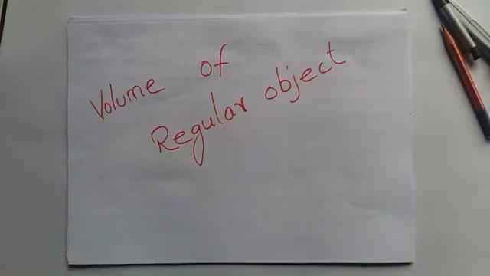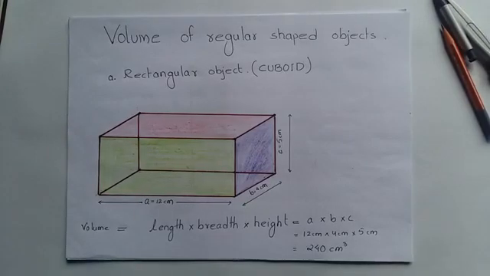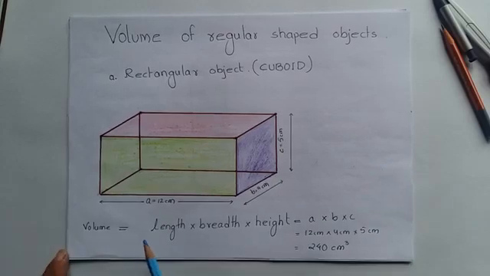Now we'll move on to the calculation of volume of regular object, or how we can find out the volume of regular object. Here in the picture you can see a cuboid, that is a rectangular object. We can calculate the volume of a regular shaped object by using the formula length times breadth times height.